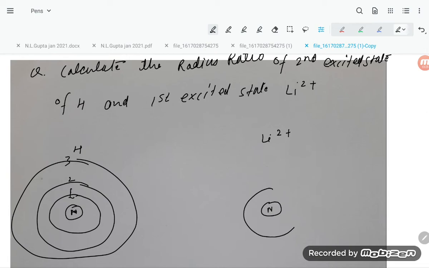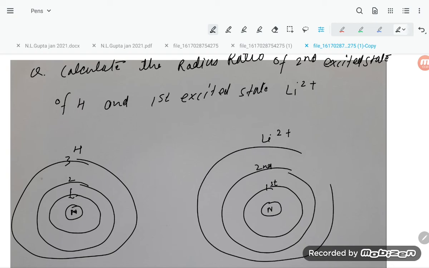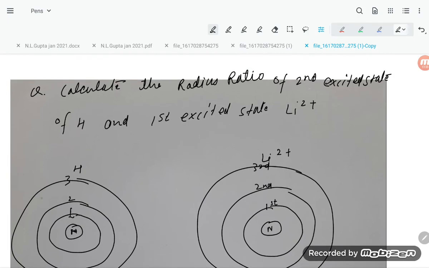Here also, this is the first, then second, and lastly the third. Calculate the radius ratio of the second excited state of hydrogen. Second excited means electron is here, so n value is 3.